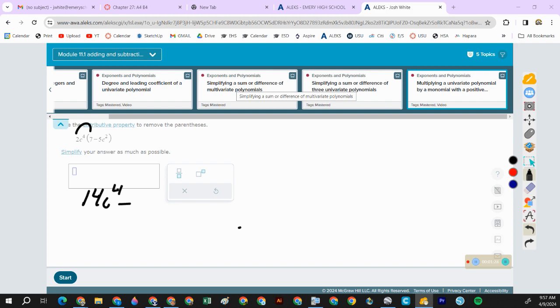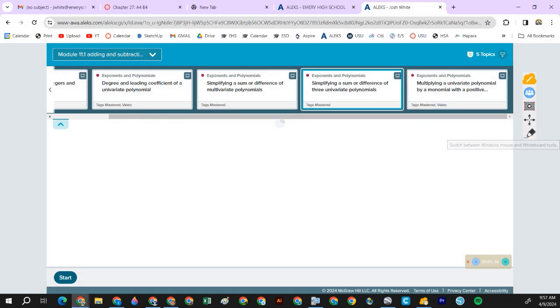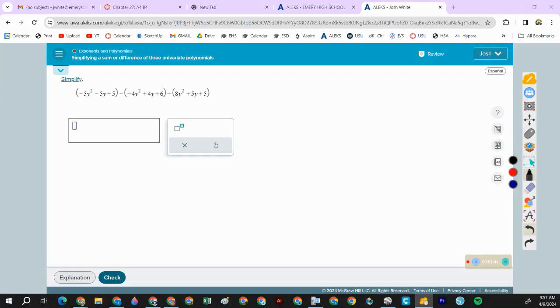14c to the 4th minus 10c to the 6th. Easy enough, hopefully. All right. So here I have a trinomial minus a trinomial plus another trinomial. So there are a couple different ways to do this.